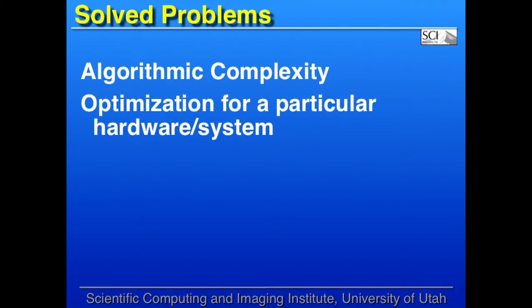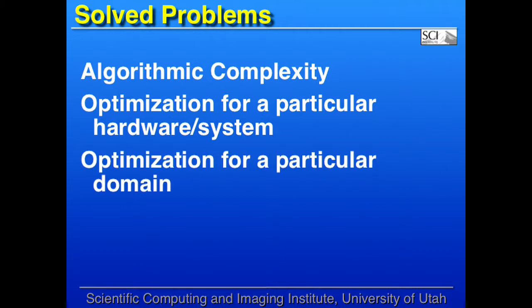A lot of the other types of maybe solved problems I really think of as optimization problems. So I think we see a lot of papers showing they can optimize for a particular hardware or a particular system. There are a lot of papers on GPUs and isosurface extraction. So for certain types of GPUs and for certain types of primitives, triangles or ray tracing or whatever it is, they can show an optimization or an optimal algorithm.